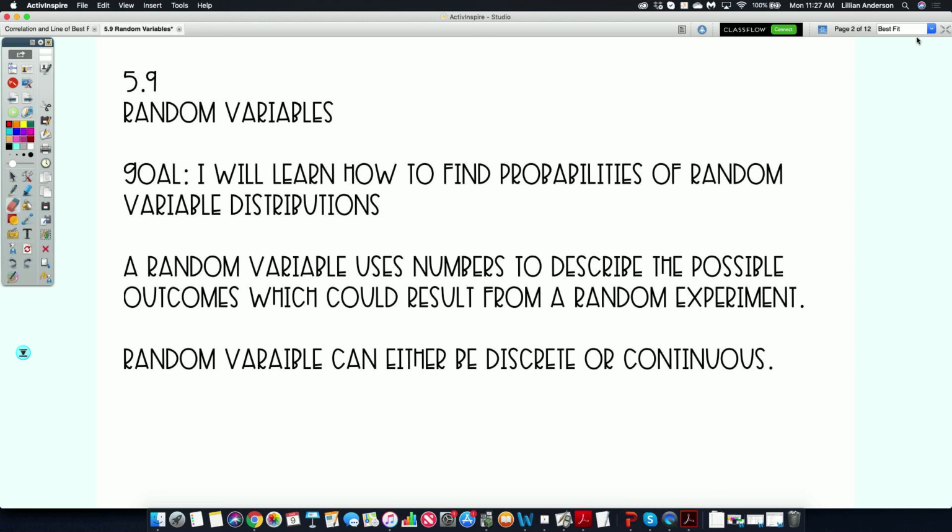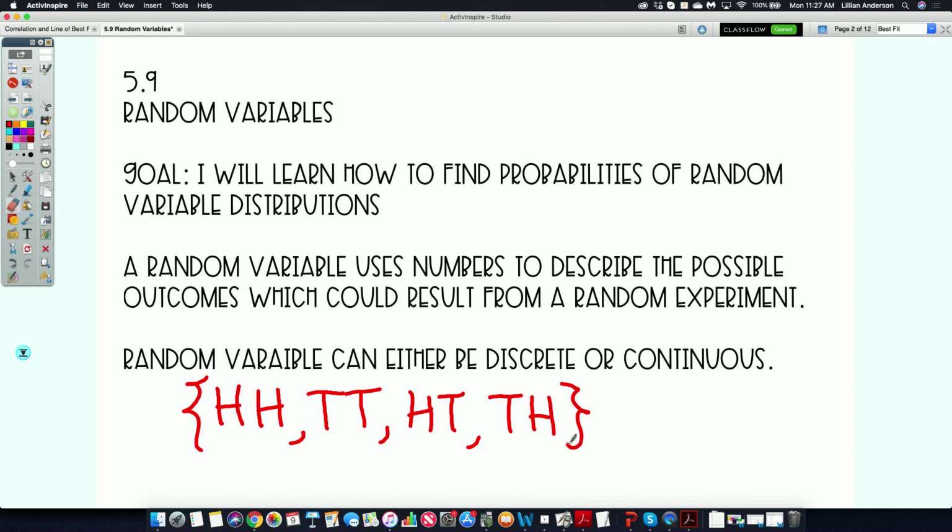I can either get heads for both, or tails for both, or heads, tails, or tails, heads. These will be my different outcomes. This is an example of describing the set, or listing the different possible outcomes.